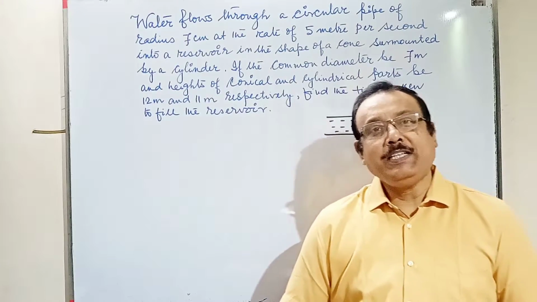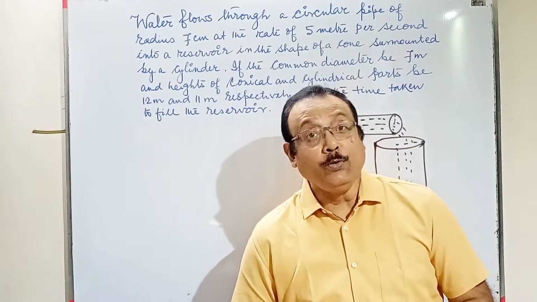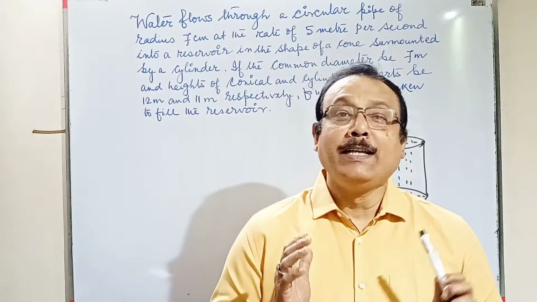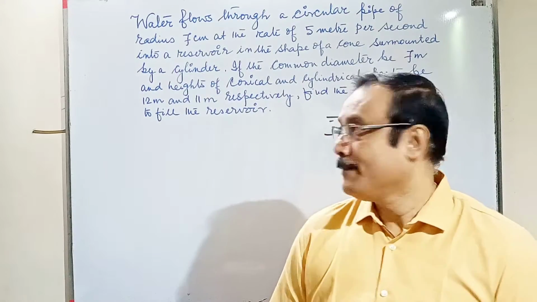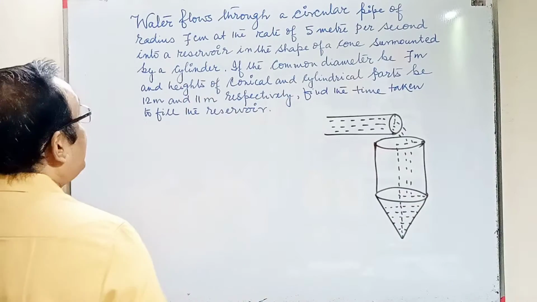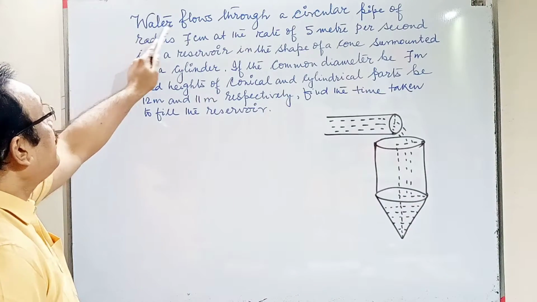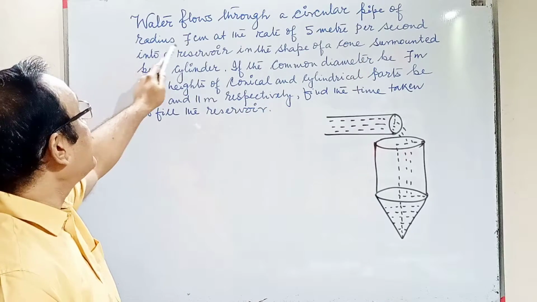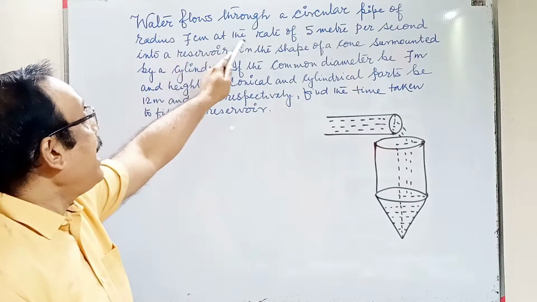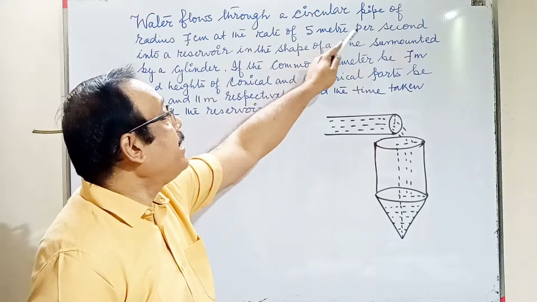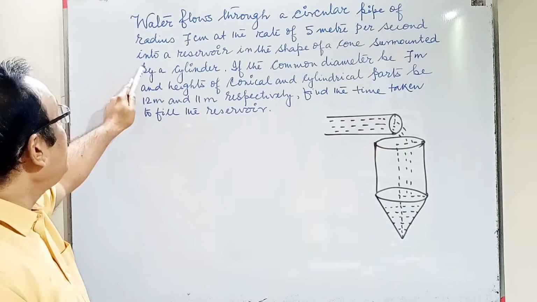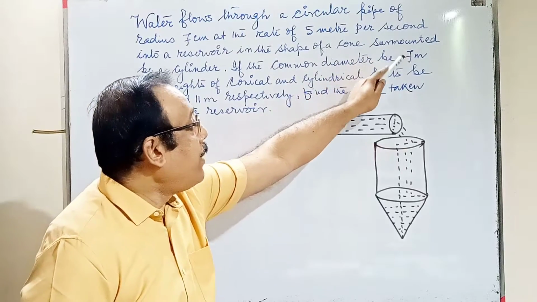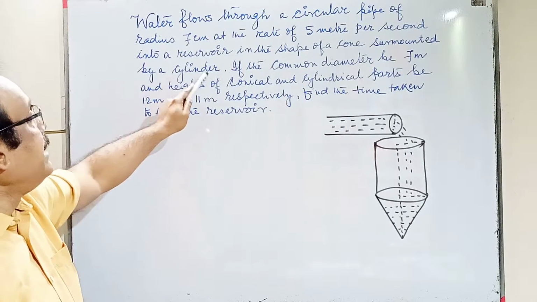Our today's question is from mensuration, and I tell you, this is one of the most important questions of mensuration that 10th students face. The question is, water flows through a circular pipe of radius 7 centimeter at the rate of 5 meter per second into a reservoir in the shape of a cone surmounted by a cylinder.